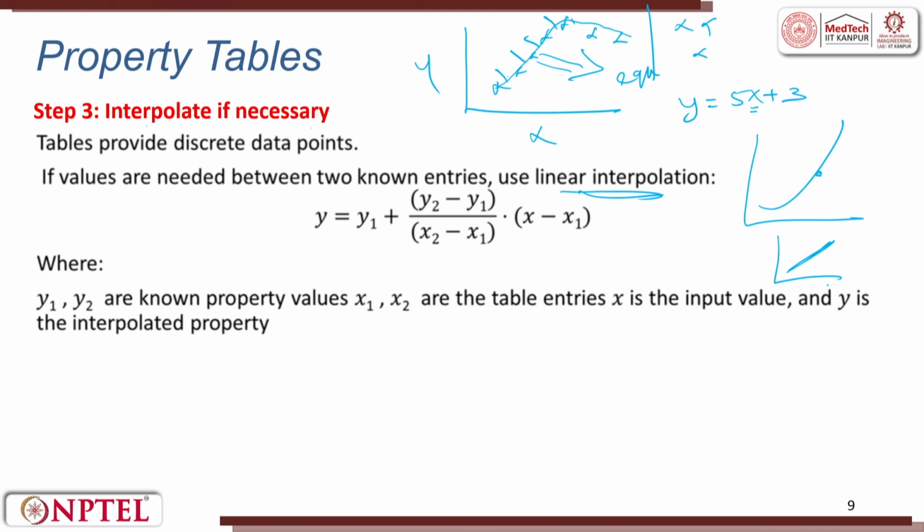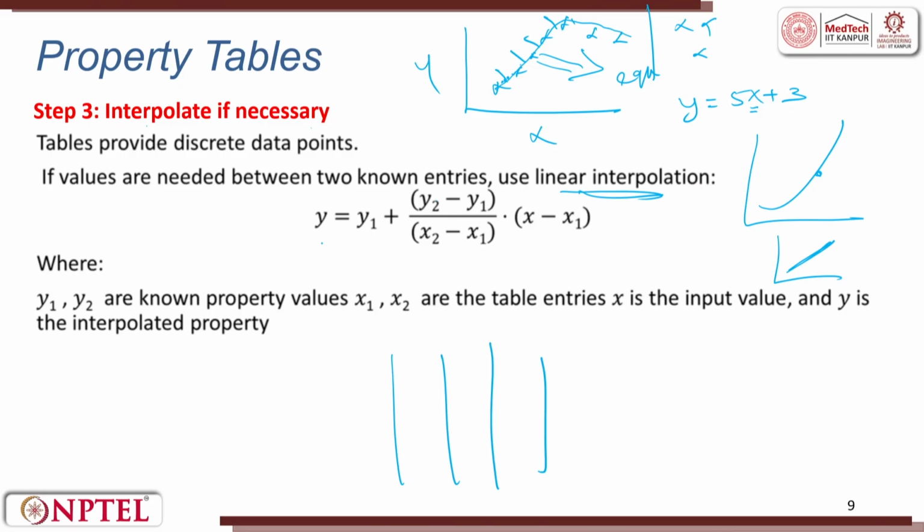There will be approximations, right. So, if values are needed between two entities, because in a table what you get is discrete values, and now I want to get small values in between, so if values are needed between two known entities, use linear interpolation.